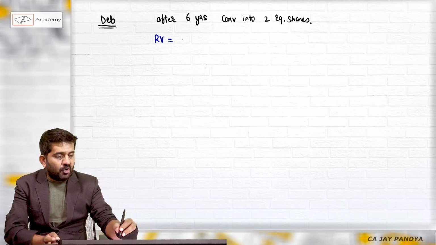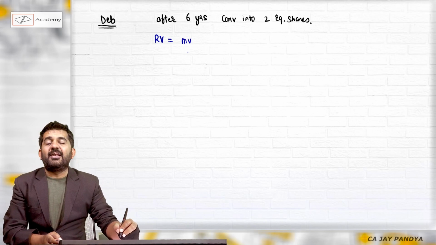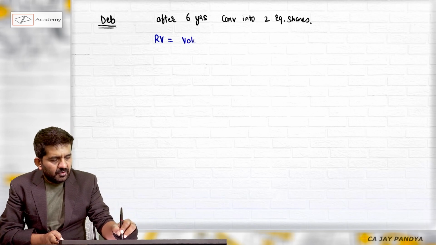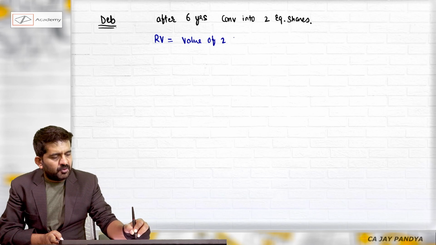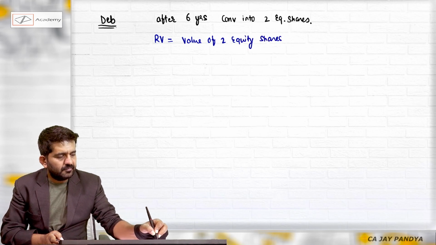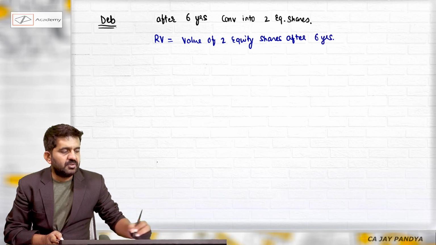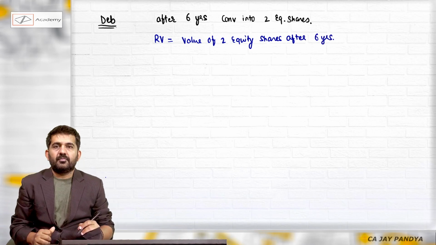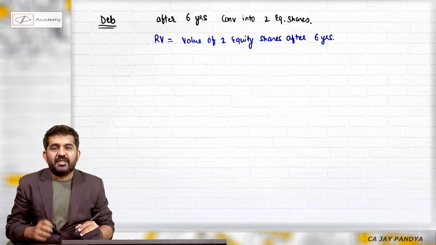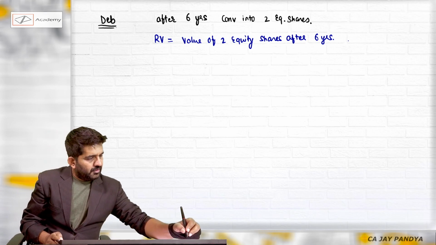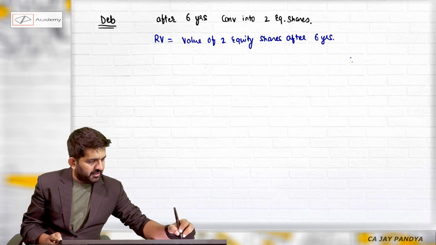So I want the value of 2 equity shares after 6 years. How will I be valuing equity shares?